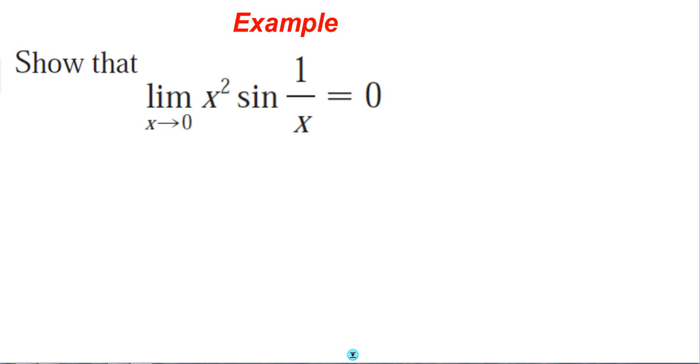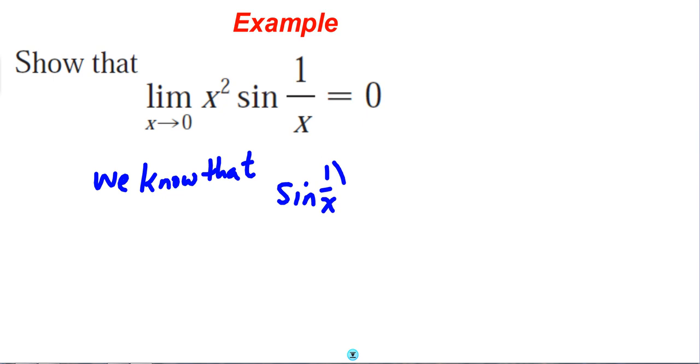We can use an example to show how the squeeze theorem would be useful. We want to find the limit as x approaches 0 of x squared sine 1 over x. We know that sine of 1 over x will lie between 1 and negative 1.